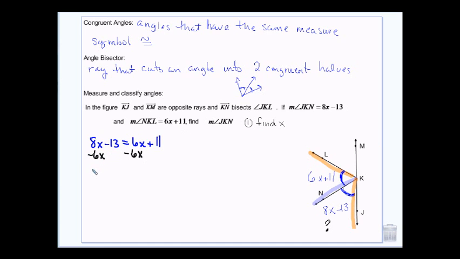So I get 2x minus 13 is equal to 11. Then I'll add 13 to both sides. And that gives me that 2x is equal to 26. Divide by 2. And x will be 13.